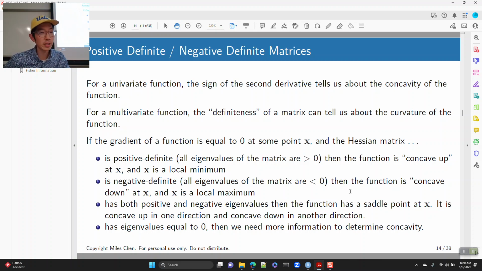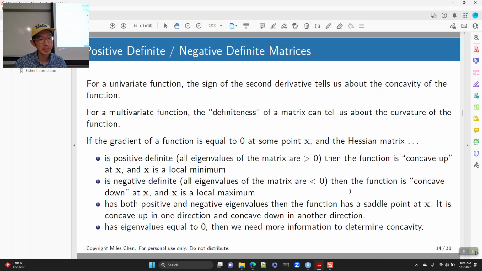When we have a univariate function and we look at the sign of the second derivative, that tells us about the concavity of the function. When we have a multivariate function, there's this concept of the definiteness of a matrix. It's like the version of having a sign.